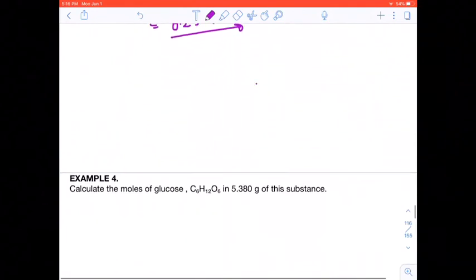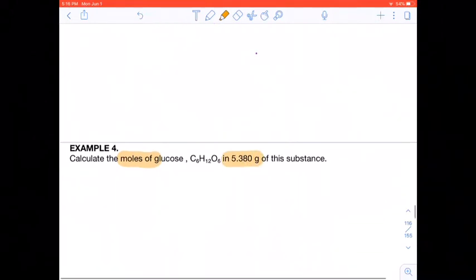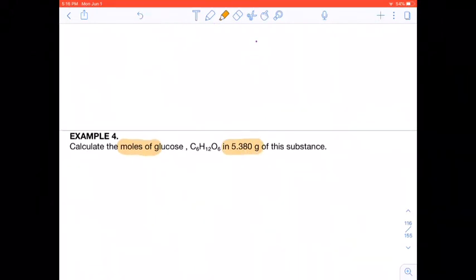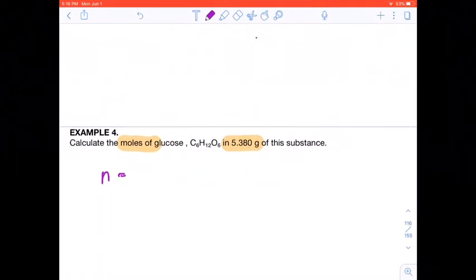Okay, now let's go to the next one. It says calculate the moles of glucose in 5.380 grams of the substance, and we dealt with this earlier. So N is equal to mass upon molar mass of C6H12O6.